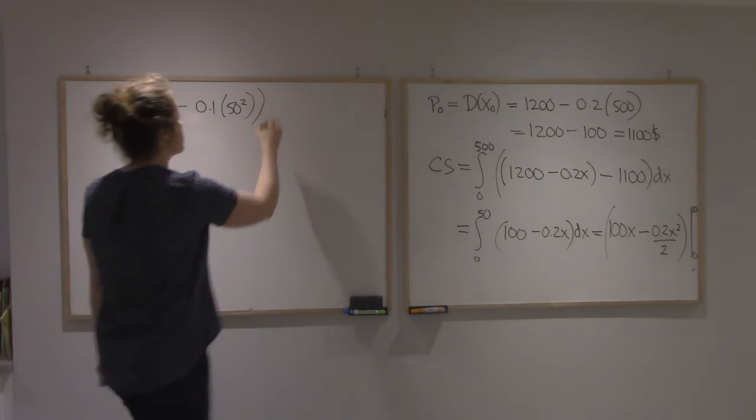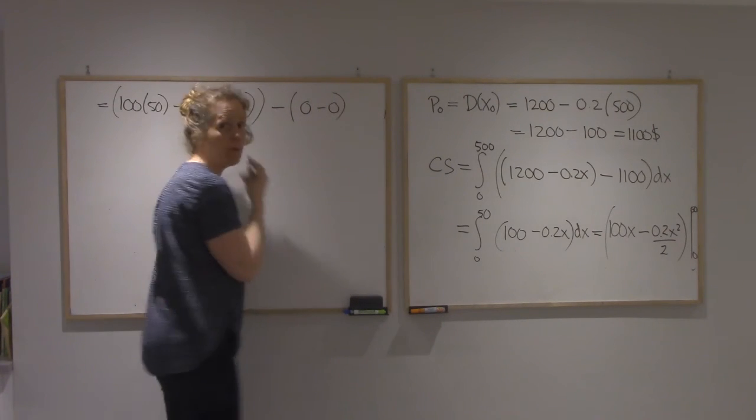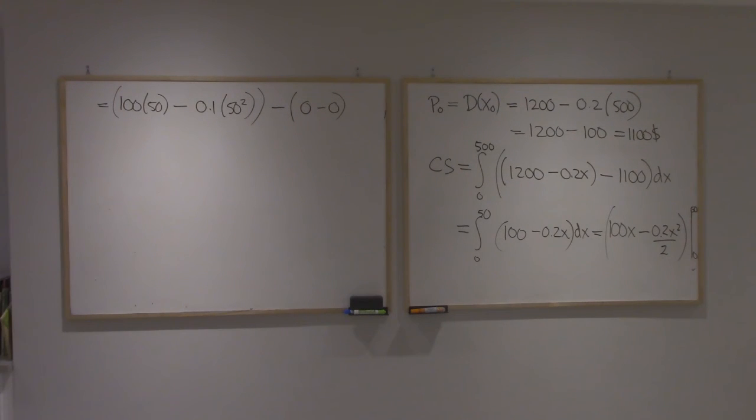Now I need to subtract what I get by plugging in 0, but that would be 0 minus 0, so that will just disappear.